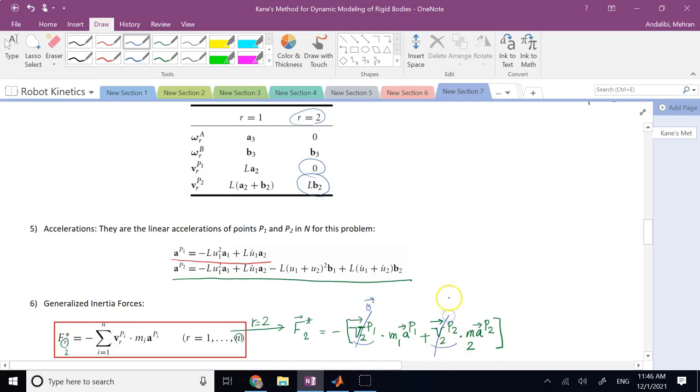The second one is LB2. M1 and M2, in this case, they are both equal to M, so I can get rid of this subscript. What is AP1? What is AP2? I have them both here. First of all, I don't need to write AP1 because it will be multiplied by a 0, so this term I can completely neglect. All I need is this AP2, which I already have down there. So I will bring that whole thing and plug it here.